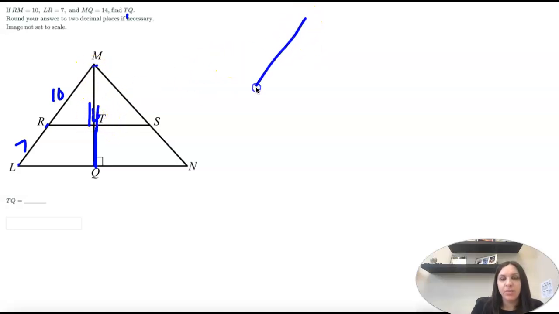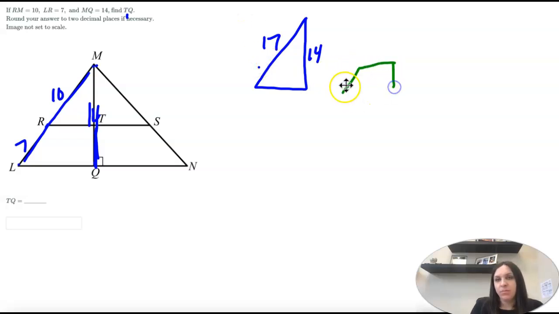So if I have this part, the whole side is 14, this whole side is 17, but we're trying to find this small section right here. So if I were to cut this right here, I need to know what this part is.